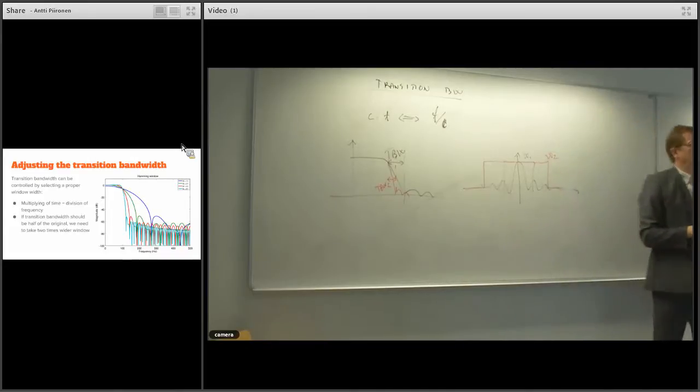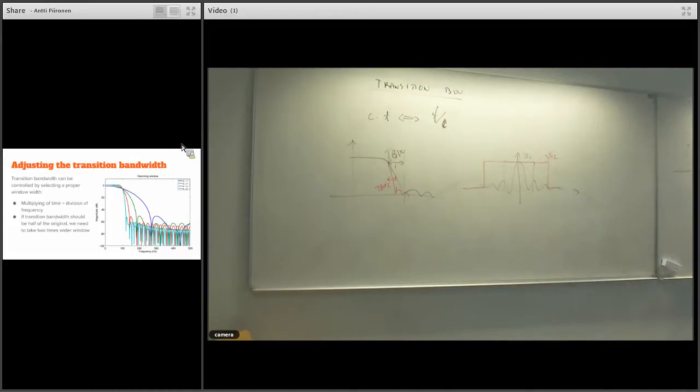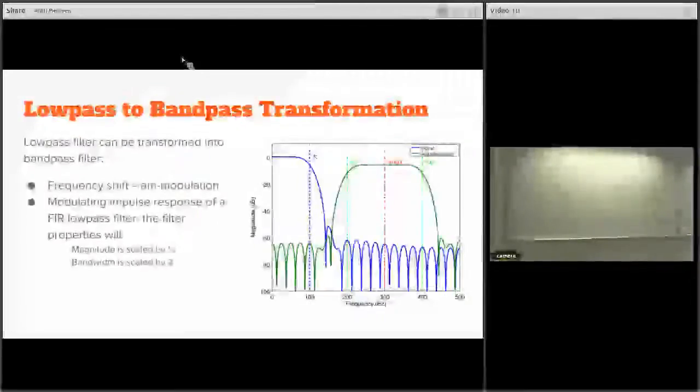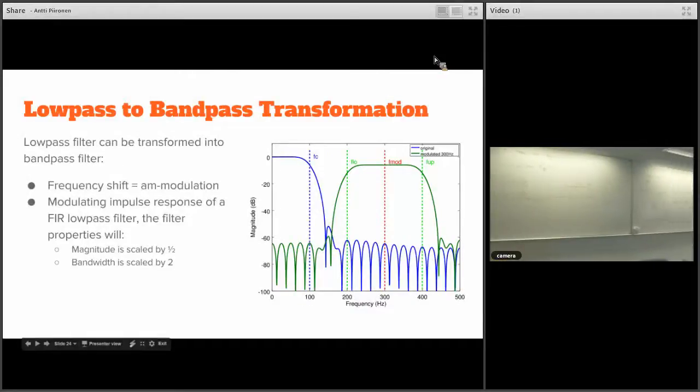Double the window width, and you will get the transition band shrunk by a factor of 2. On that picture, it's basically the same Hamming window, 100 Hertz cutoff frequency, with different numbers of samples, so also different window widths. Good. That was covered.